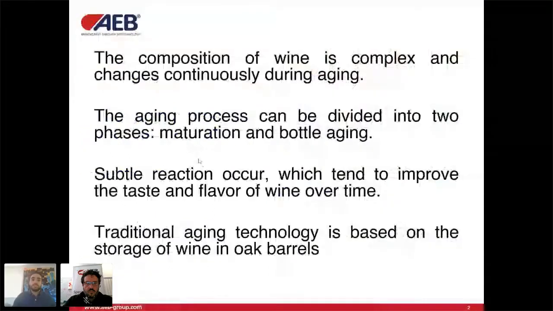During the aging of the wine, which at the end of fermentation is a complex matrix, subtle reactions occur that can improve the taste and the flavor of the wine over time. The traditional aging technique is based on the storage of the wine in oak barrels.